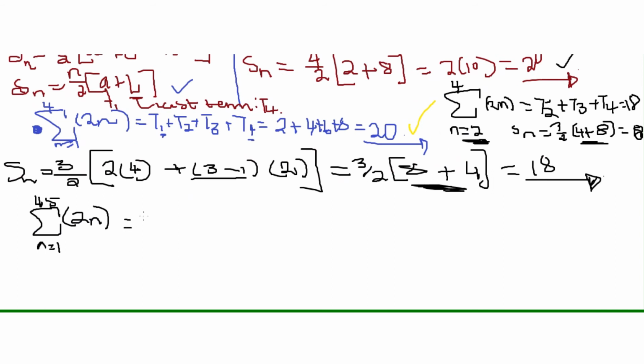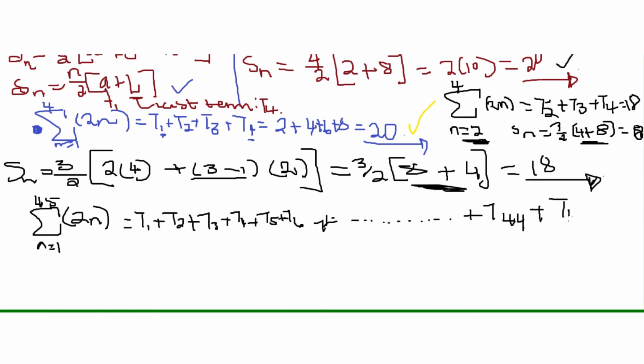Then now you know it's going to be t1 plus t2 plus t3 plus t4 plus t5 plus t6. Check, I haven't even reached 10. Then you're going to add everything in between until you reach t45.